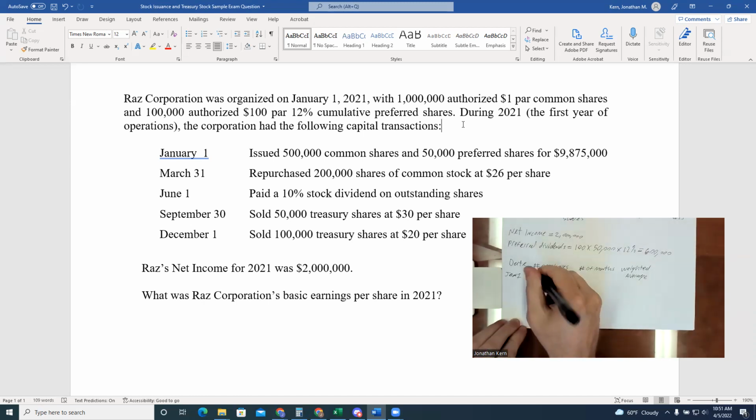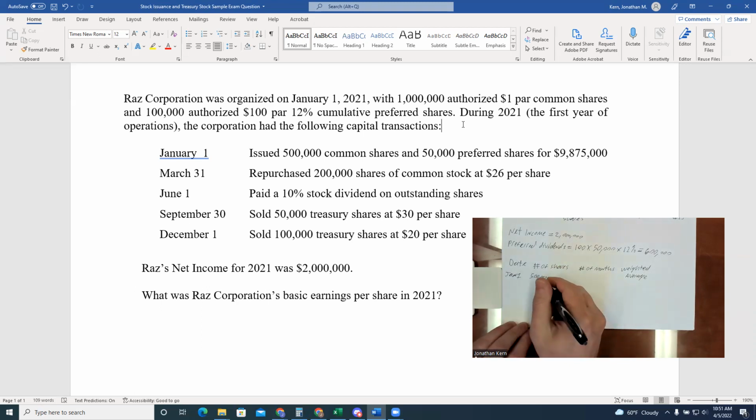When a company pays a stock dividend, we have to apply that stock dividend to all the share increases and decreases prior to the date of the stock dividend.